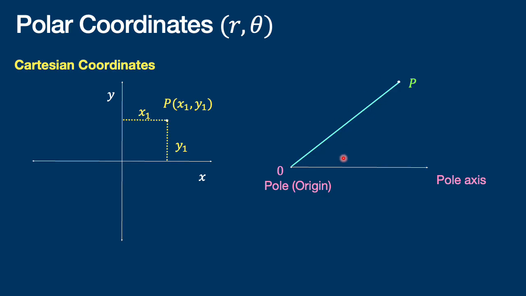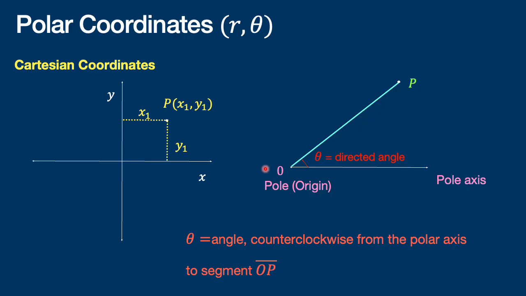First, we're gonna define the angle between the two lines. That's gonna be theta, the directed angle. The positive angle is gonna be counterclockwise. Negative angle is gonna be clockwise. So first you define the angle counterclockwise from the polar axis to the segment OP.